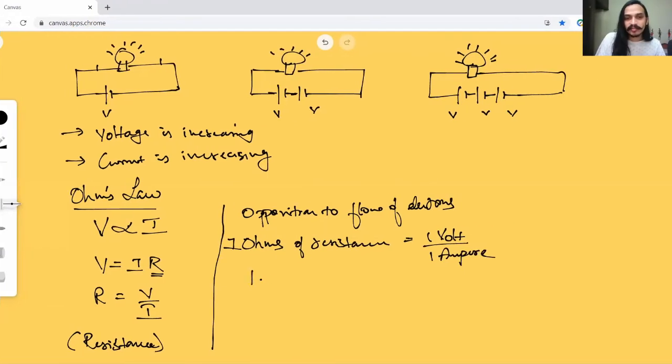So I can say the symbol for ohm is like this: 1 ohm equals 1 V divided by 1 A. All right, so this is how we can define resistance, and it's a natural thing.